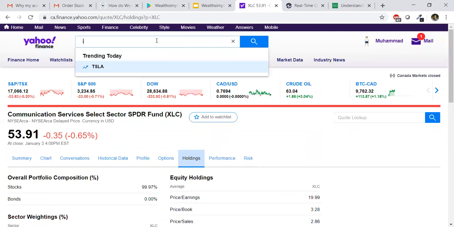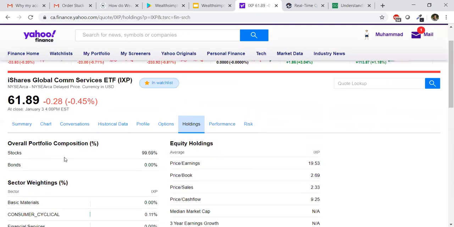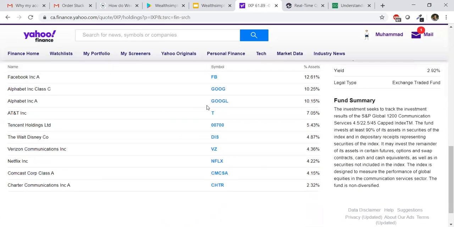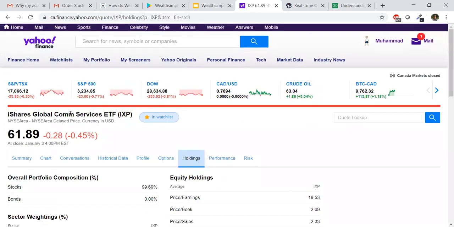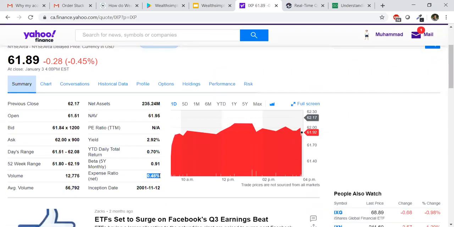And if I look at IXP, the companies and their percentages are the same as its holdings, but the major difference is the expense ratio.